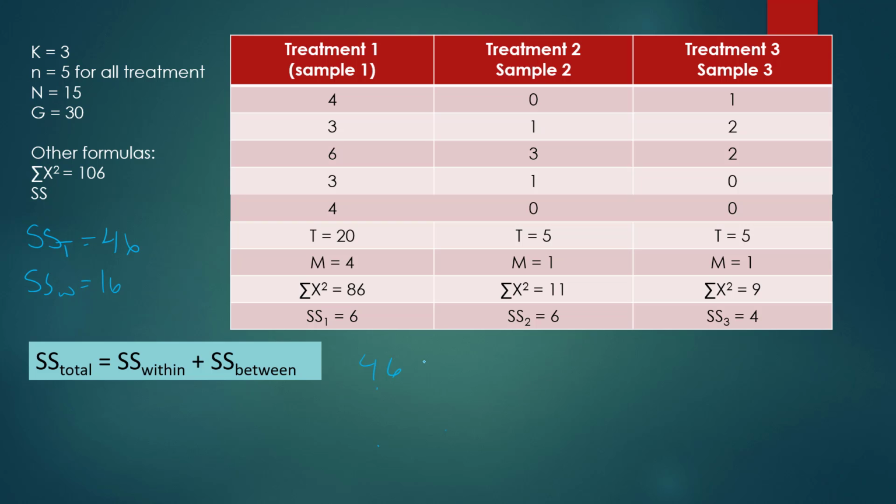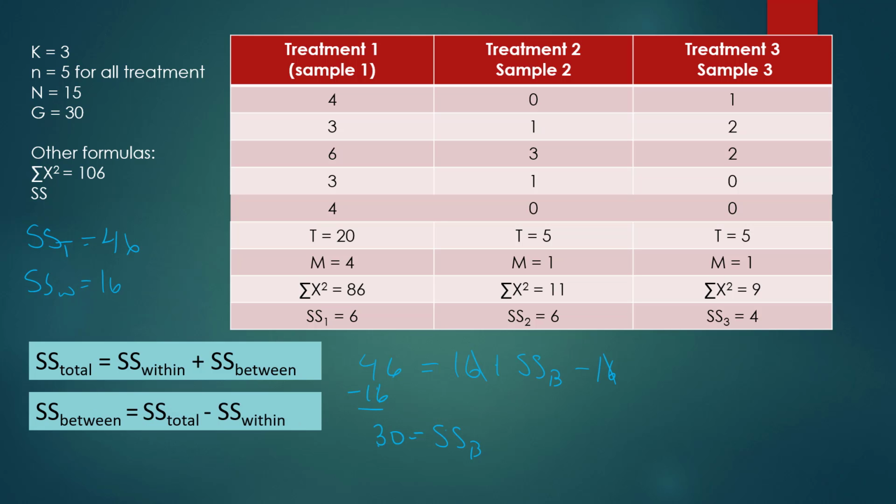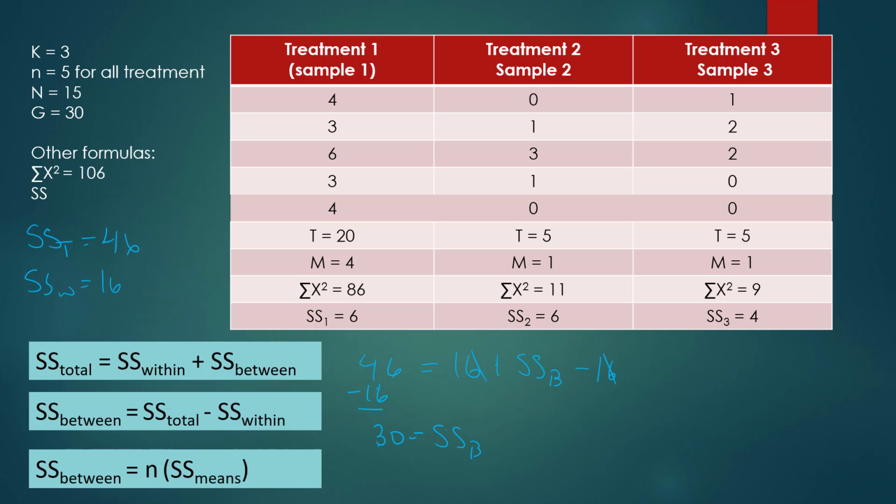So the total, 46, equals the sum of squares within, 16, plus the between. That's the value we don't know. If we subtract 16 from both sides, this cancels out, and that gives us 30 equals the sum of squares between. Here's another way of doing that. And then here's a third way of doing that.